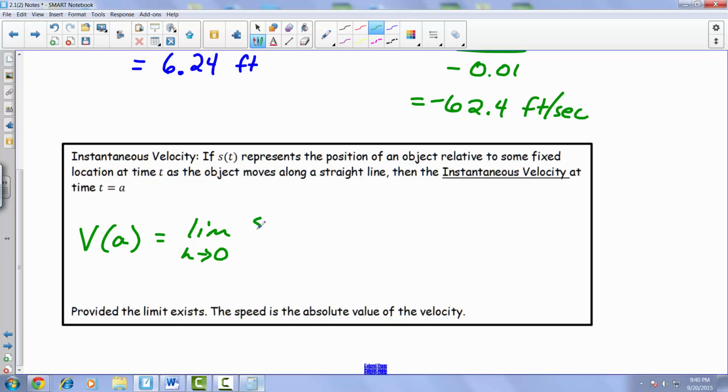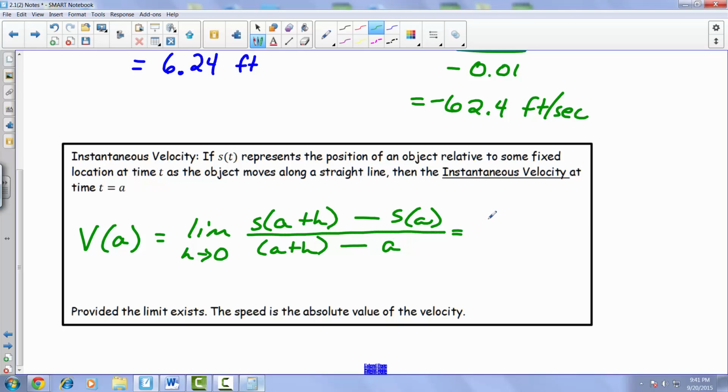Of our function, so for our position, it's going to be our target time plus whatever distance we are away from that, when we throw that into the function, minus the target's position, so S of a, all over our other point with that distance in mind away from our target, minus our target.